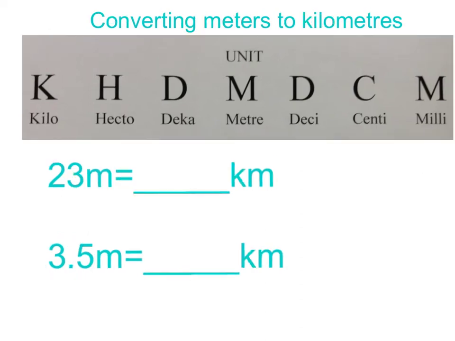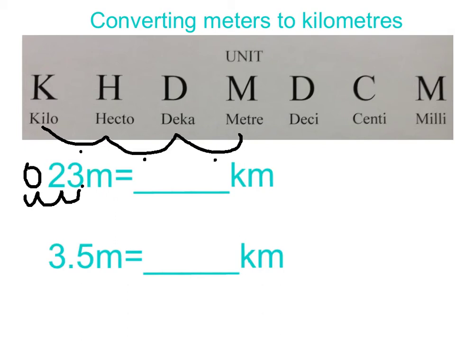Converting meters to kilometers. We're going to start with 23 meters. So we're moving the decimal to the left because the measurement is getting bigger. We're going to move it 3 spaces because there are 3 jumps we need to make. The decimal is at the end of the number. So we're going to move it 1, 2, 3. So we'll add in the 0 there.